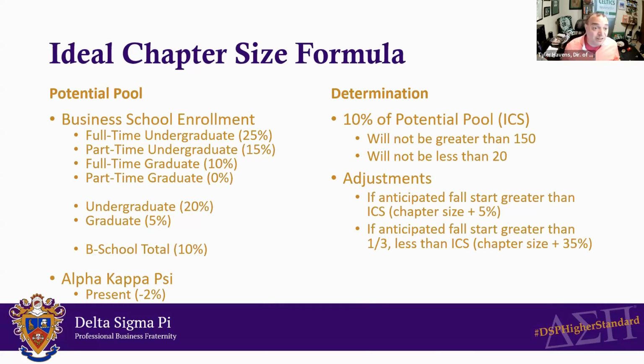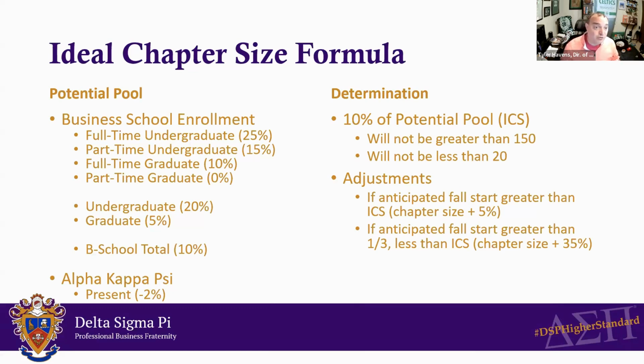If we only can get the enrollments for graduate versus undergraduate, we do it a little bit more judiciously and take a couple of different things into consideration. And then if we only get a total business school enrollment, we are looking at about 10% of the business school. We do also factor in if they have an Alpha Kappa Psi chapter on campus.